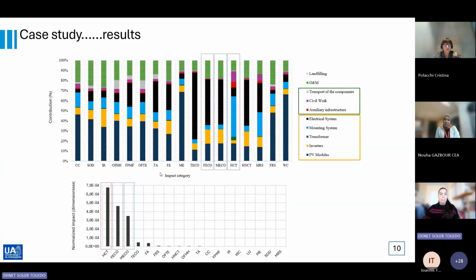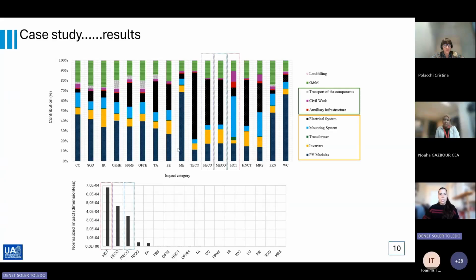But in general, for example, global warming potential, climate change, is one of the parameters that is considered. And if we only see this parameter, it seems that the module is the principal contribution, and that is true. But if we consider other categories too, we can see how this changes.